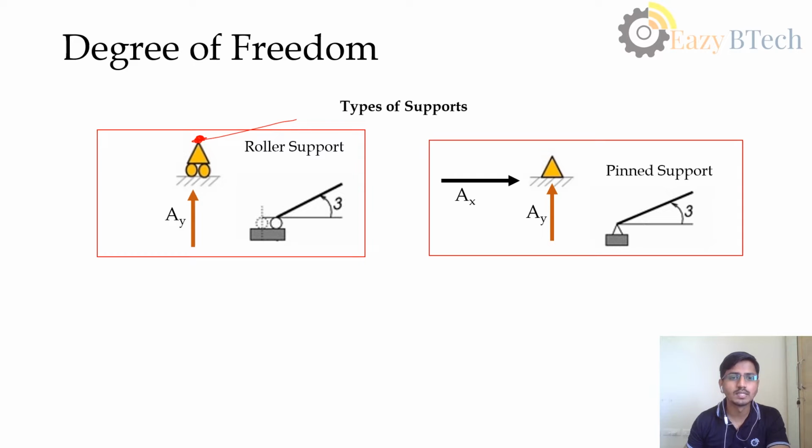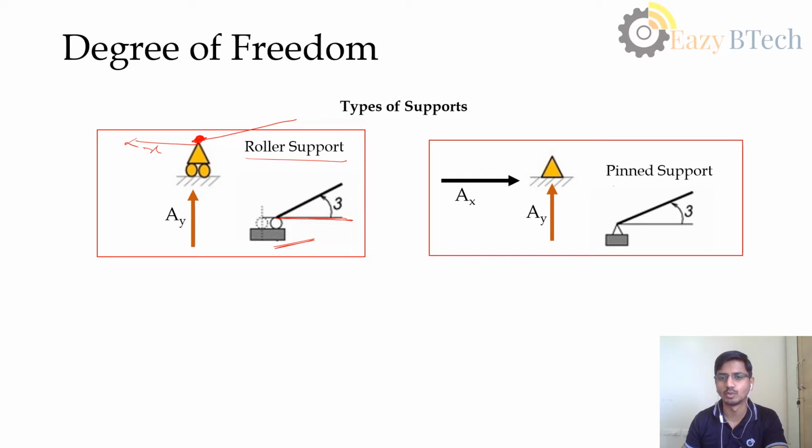The roller support will prevent the node from moving in the vertical direction, causing a reaction, whereas it is free to move in the x direction, as well as free to rotate. Here in this image you can see it can displace in the x direction and is free to rotate with respect to the roller's point.